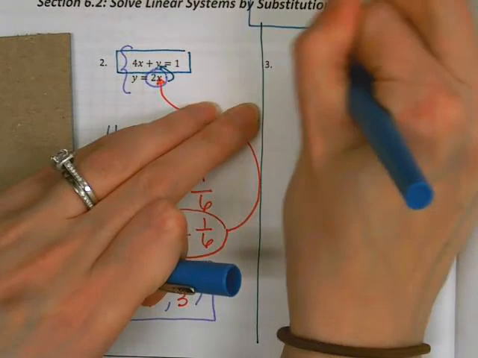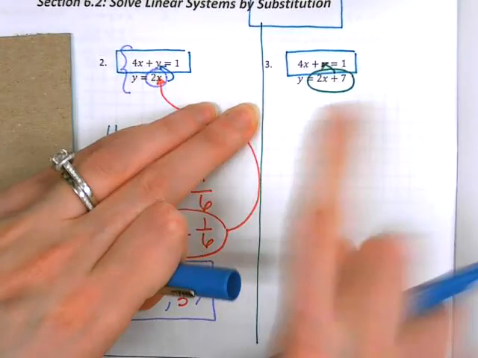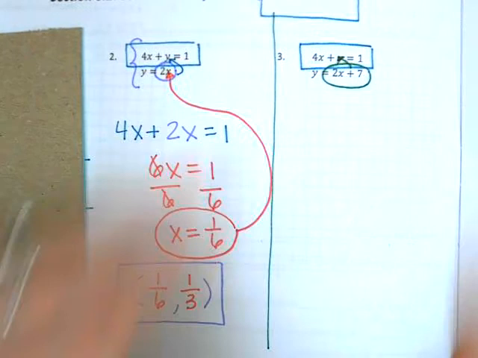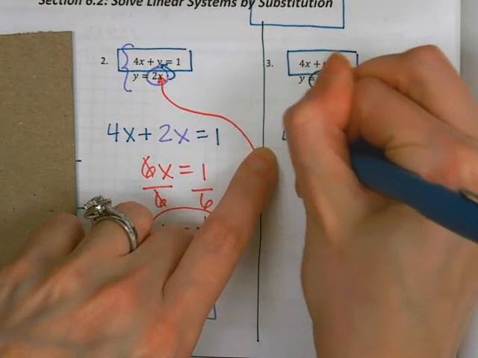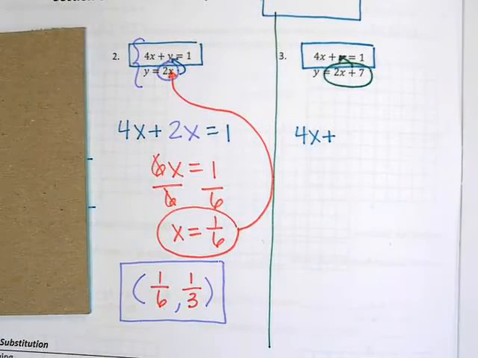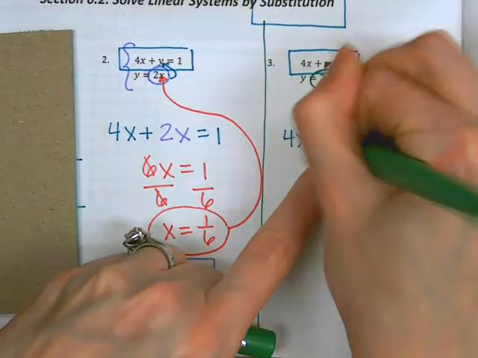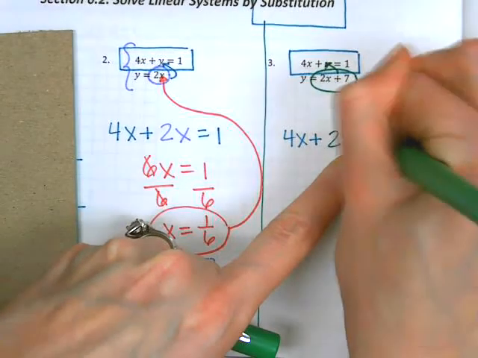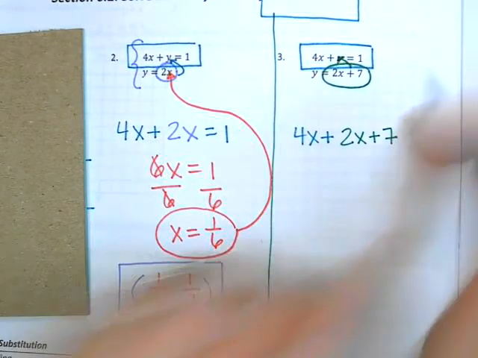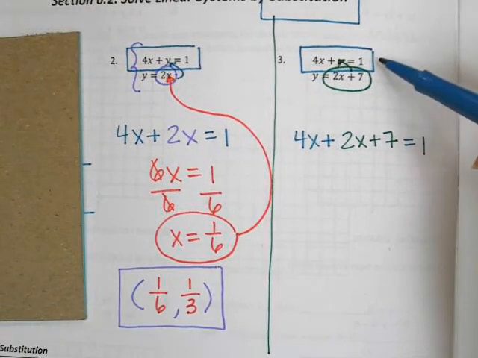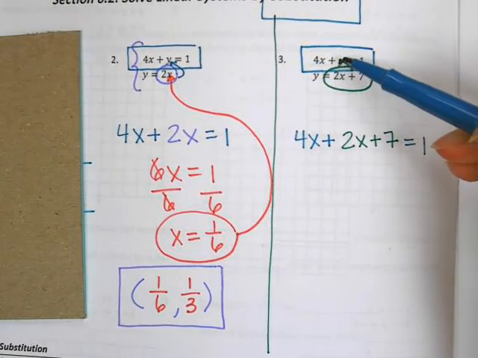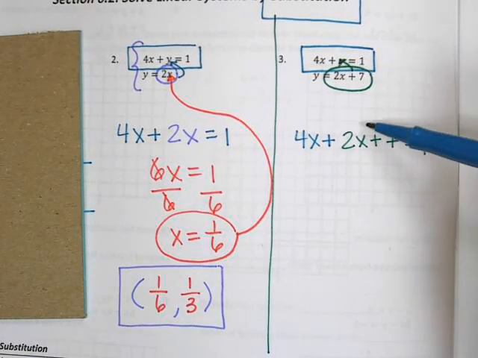So I'm going to rewrite this equation here, but instead of y, 2x plus 7 is going in. So now it's 4x plus not y, but 2x plus 7. And then it says equals 1. All right, so I just recopied this equation, but the y came out and the 2x plus 7 came in.